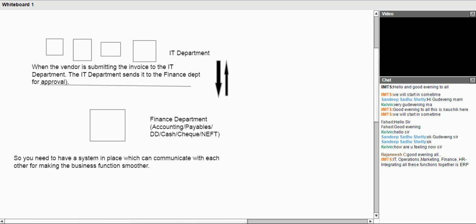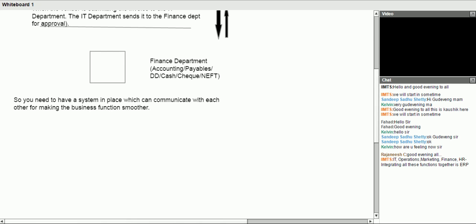Now this problem is resolved by ERP. This is an ERP system. There are many companies which deal in ERP systems. One of them is Oracle, another one is SAP.